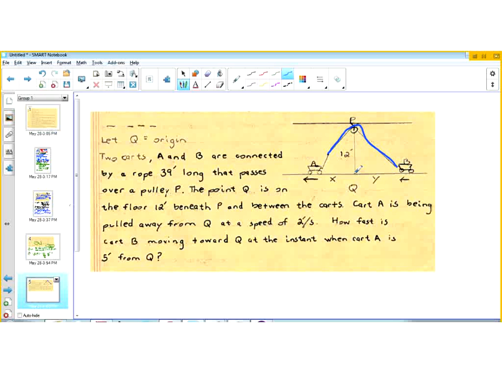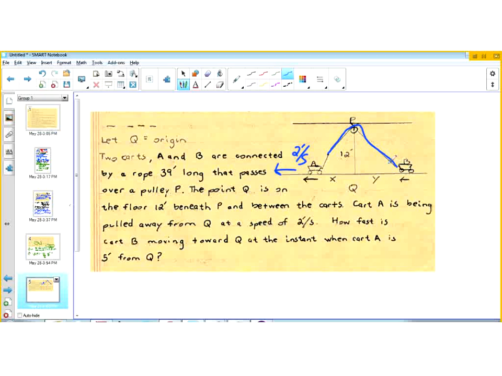The point Q is on the floor 12 feet beneath P between the two carts. So basically Q is the endpoint of a perpendicular drop from P to the floor. Cart A is being pulled away from point Q at a speed of 2 feet per second.